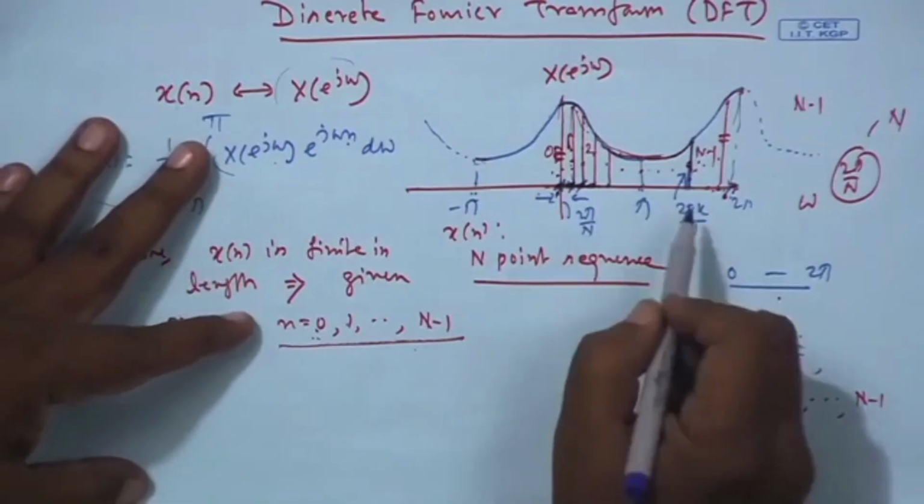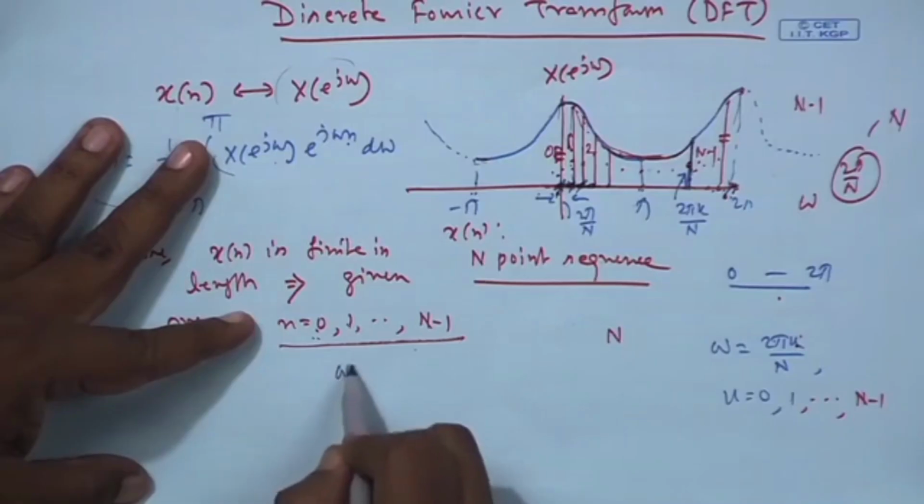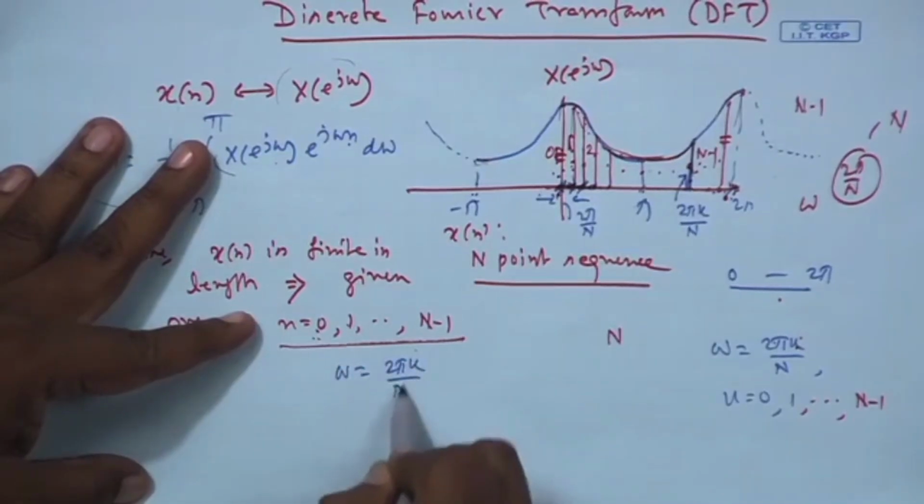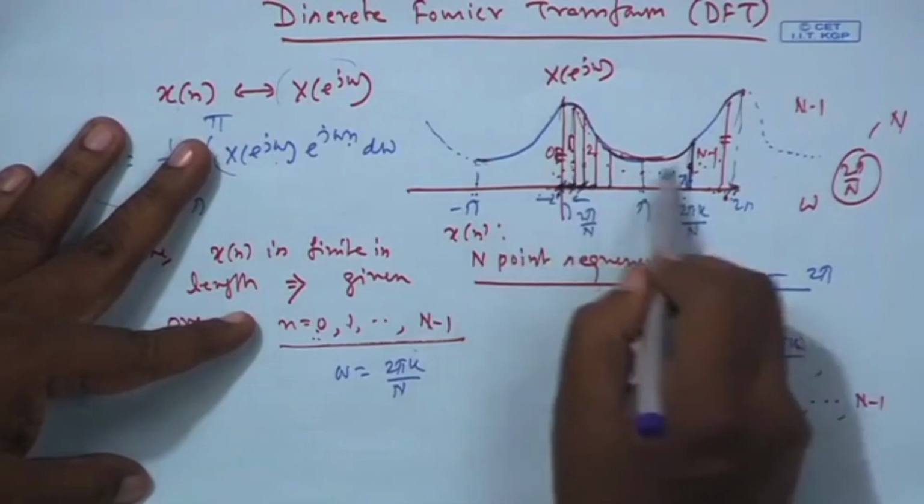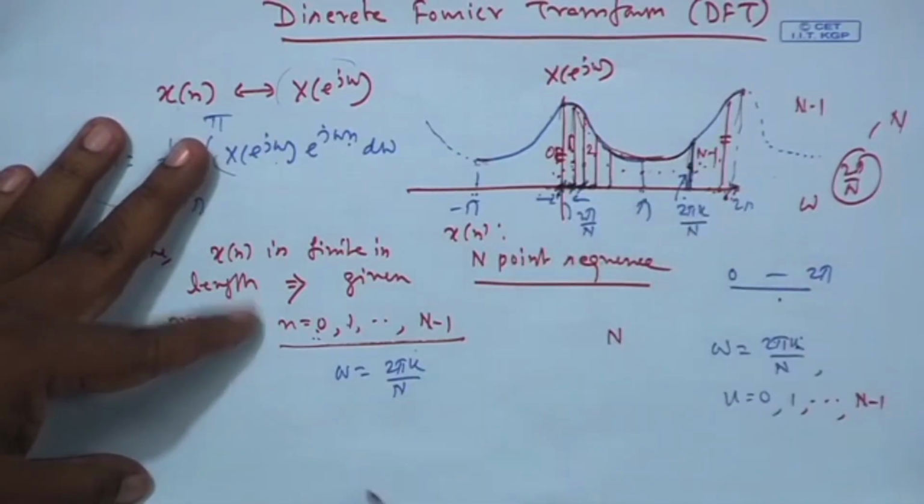So, here the general sample at omega equal to 2 pi k by N, how much is the value? That is the DTFT at this much omega.